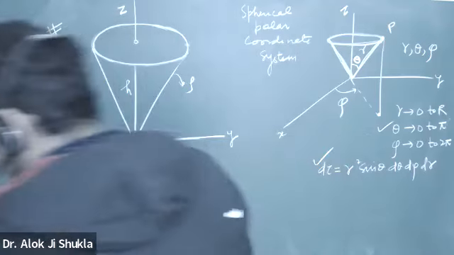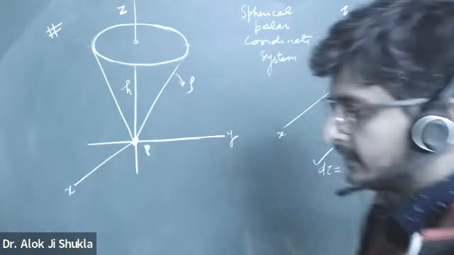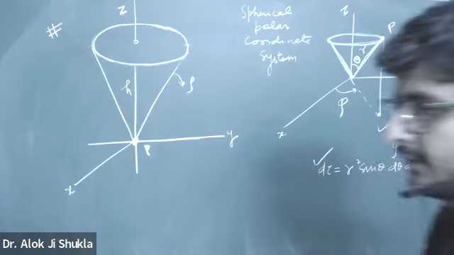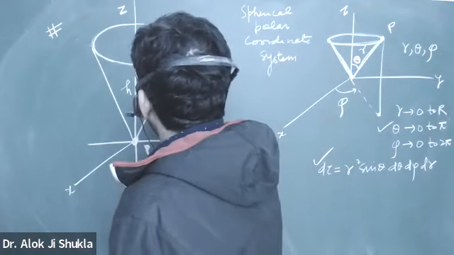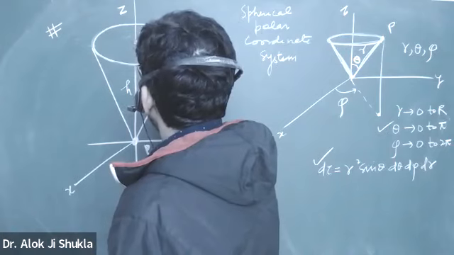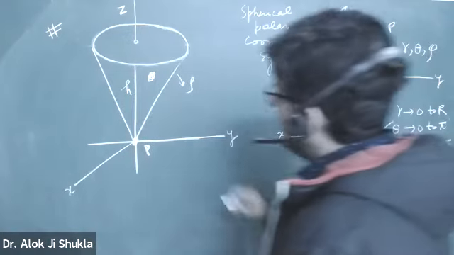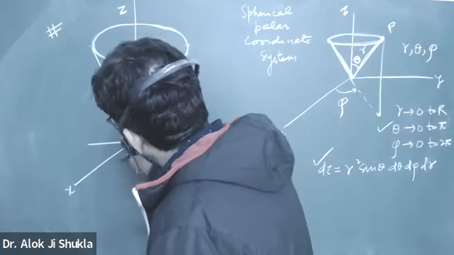Okay. So what we have to do, बहुत simple है. We will take a small charge dq here because it is 3-dimensional. So we have to take a volume. And this charge will create electric field this side.